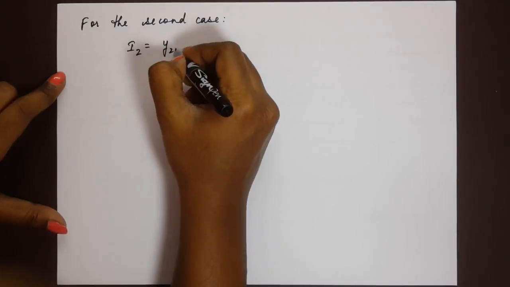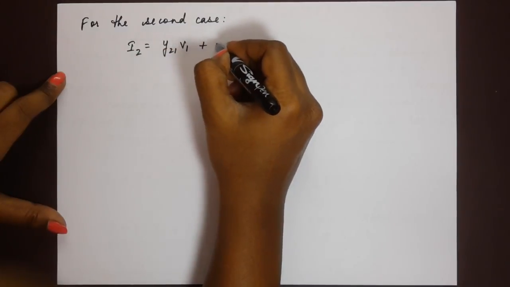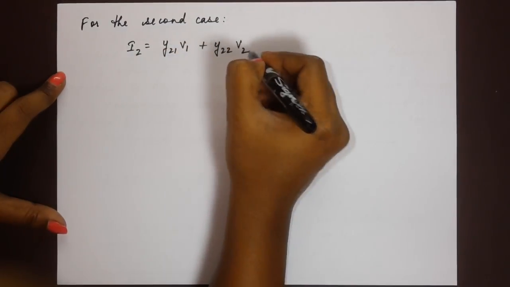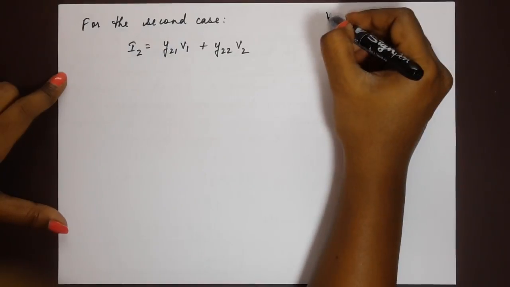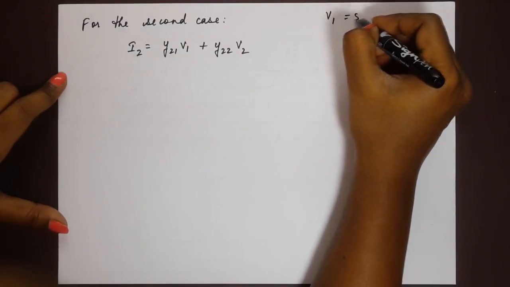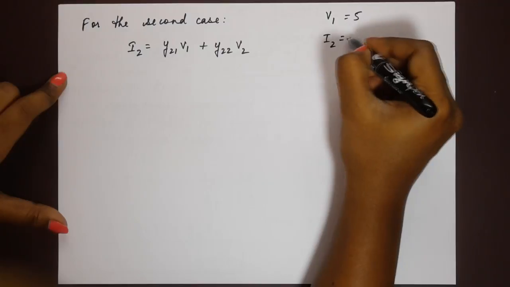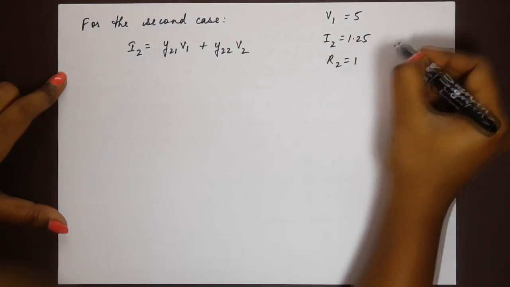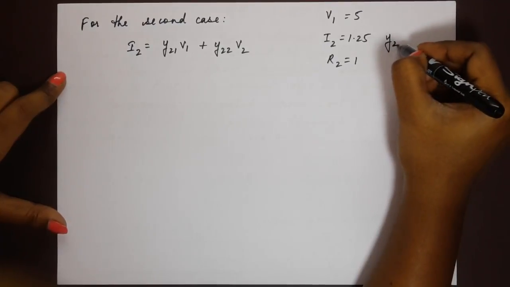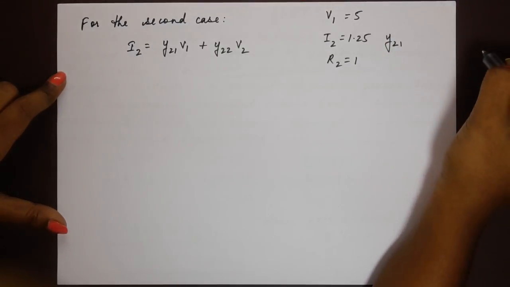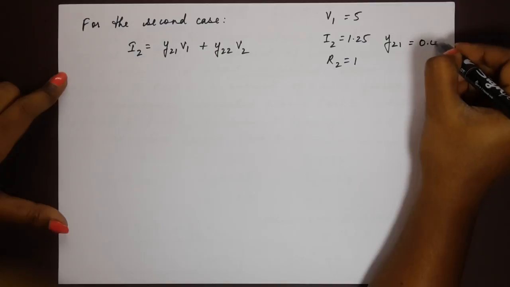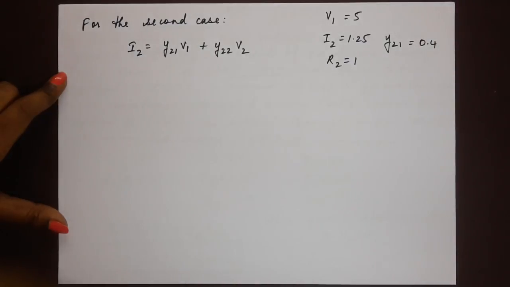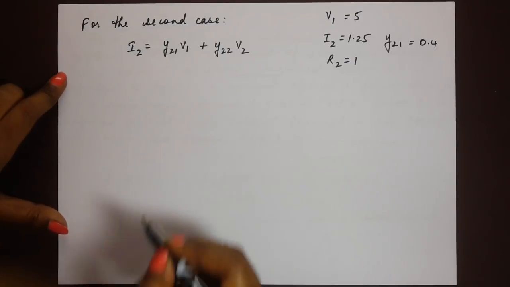I2 is equal to Y21 V1 plus Y22 V2. We have our values for the second case as V1 is equal to 5, I2 is equal to 1.25 and R2 is equal to 1. We also found out the parameter value Y21 is equal to 0.4. Now let's substitute all of these values into the equation and find out what is the value for Y22.